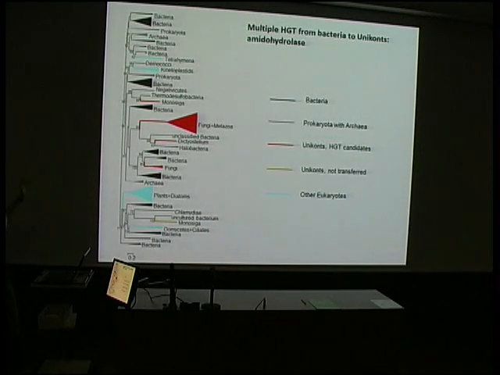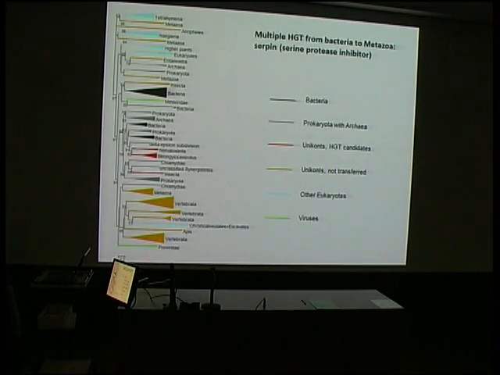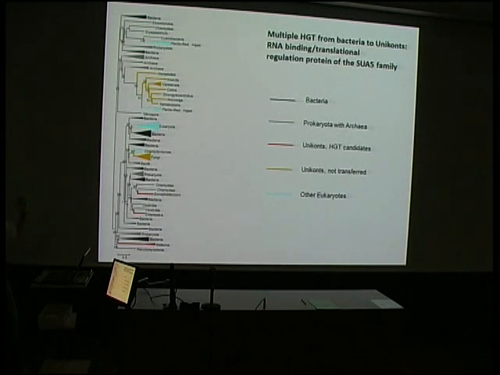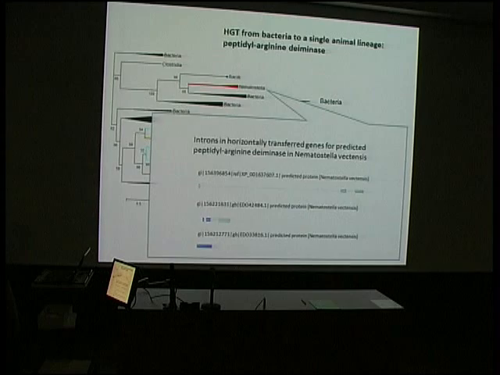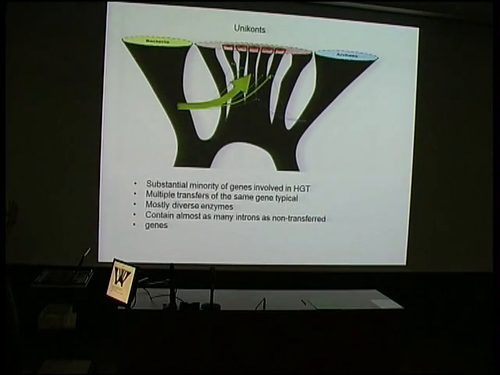And we have a variety of examples where we can show the phylogenetic evidence for grouping of these genes from animals and fungi, in particular with bacterial homologs. I do not have the opportunity to talk about that really. So basically that is the conclusion, that a minority of genes, but a substantial minority, has experienced horizontal gene transfer.